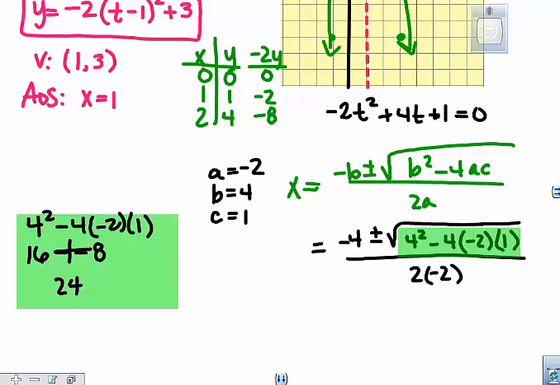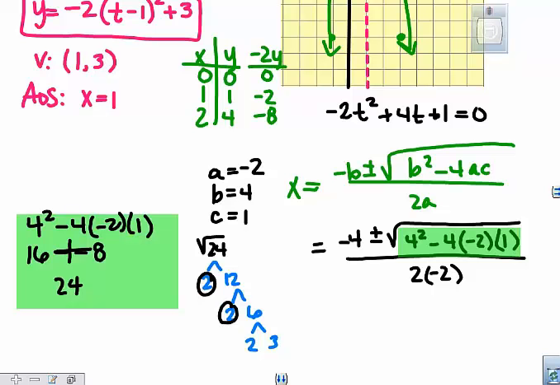So we have the square root of 24, which is not a perfect square, so we have to do our little factor tree. Multiples of 24, there's several. You can start with any. We'll just start with 2 and 12. 2 is prime, it stops. You keep going with 12. Keep going with 6. Now we're all to prime numbers. Pick out your pairs. So here's a 2 and a 2.